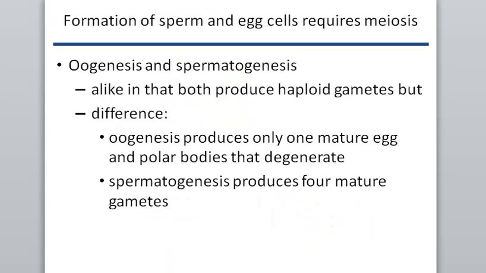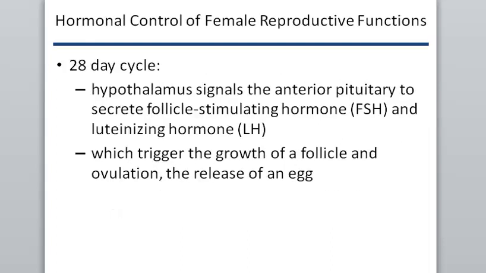Here's the comparison of the two meioses, how they're alike, but mostly how they're different. Here's the monthly cycle and the trigger from the hypothalamus and the gonadotropins.